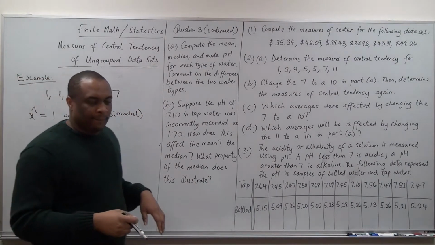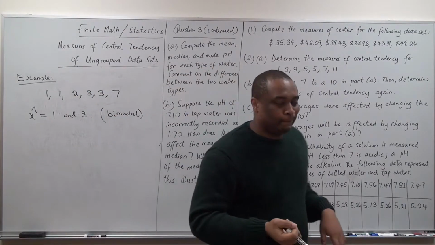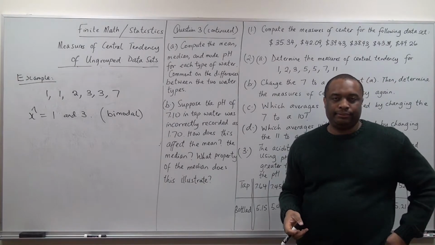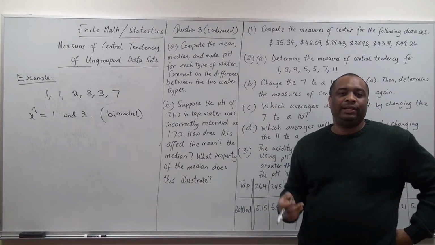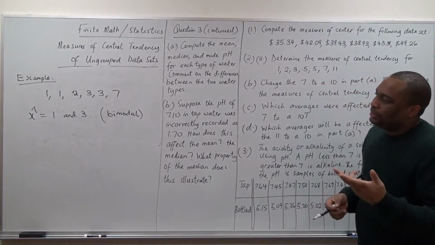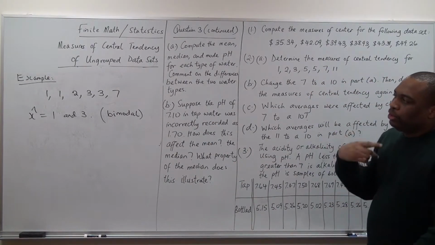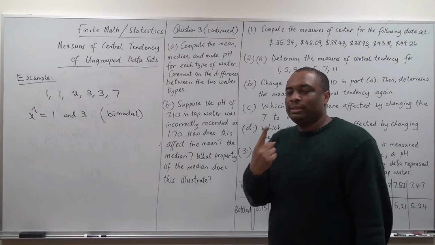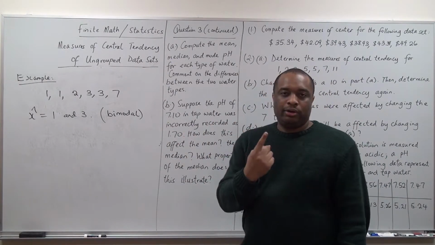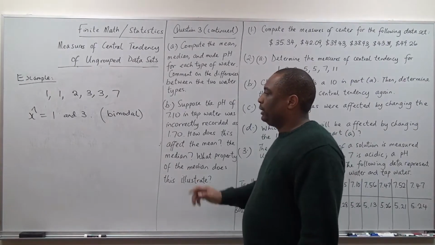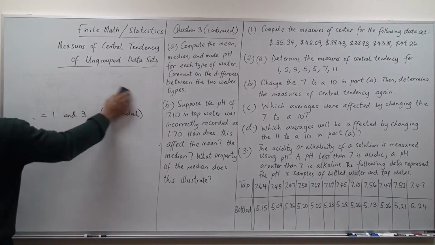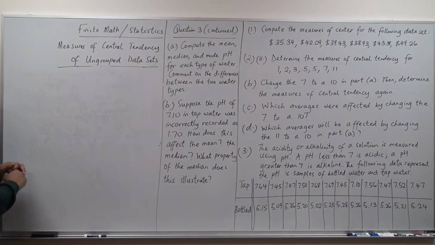Bimodal is 2, like bilateral is 2. So bimodal has 2 modes, 1 and 3, because 1 occurred twice, 2 occurred one time, 3 occurred twice, and 7 occurred once. So 1 and 3 are the modes.